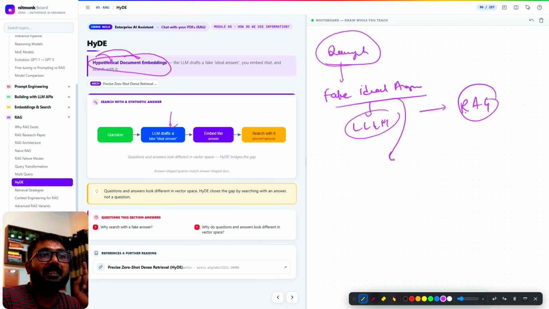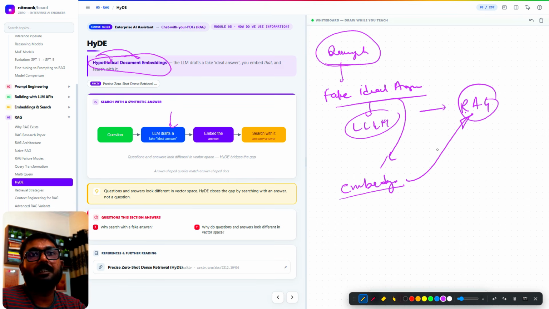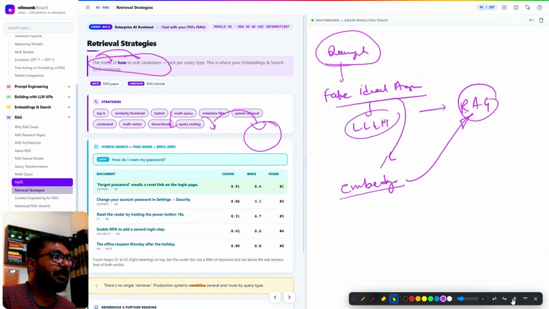Once this fake ideal answer is generated, we generate an embedding for that fake ideal answer, and that embedding gets searched in the RAG. Retrieval happens, augmentation happens, and generation happens. Like, embed the answer, search with the answer: you imagine the answer already, you search with that answer embedding, and then you get better results. That is hypothetical document embedding. That's a really important topic.